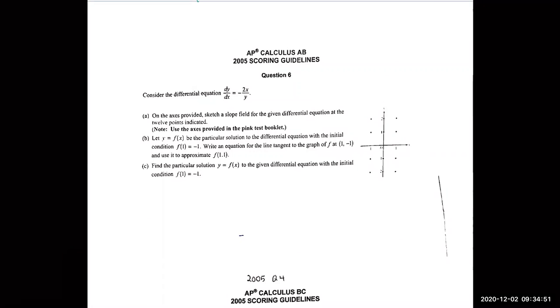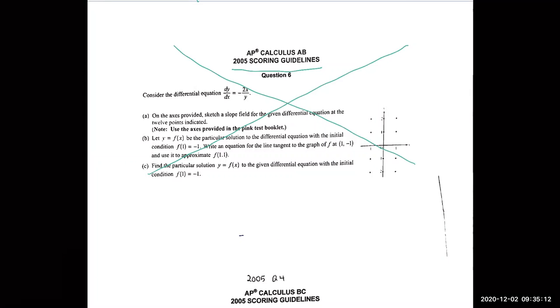I didn't realize that was part of the homework assignment from the other night. If you didn't know, all of these scoring guides are available on the web. If you Google search 2005 Calculus AB scoring guide, it'll come up with how to score each of these problems, with the worked out solution.